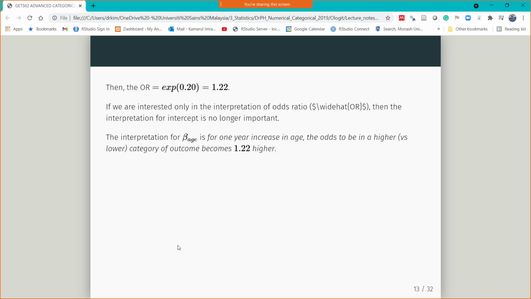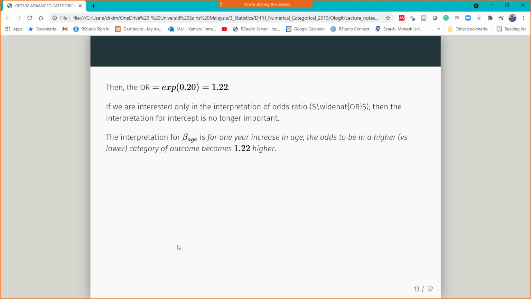So the odds ratio is just the exponentiation of the beta value. So you exponentiate 0.20, then you get 1.22, which means that for a year increase in age, the odds to be in the higher versus lower category of outcomes becomes 1.22 higher.